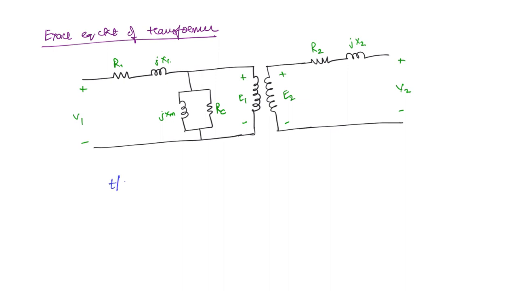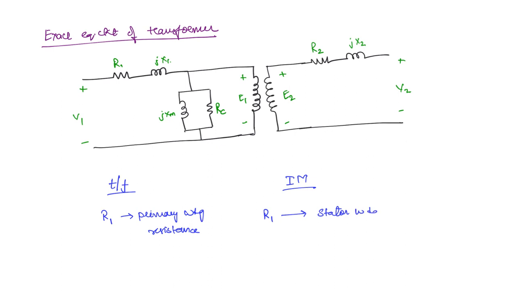So let us see how this will be in the induction machine. The R1 in the transformer is the primary winding resistance. For induction machine also it is the same thing. Instead of primary winding there is going to be stator winding.